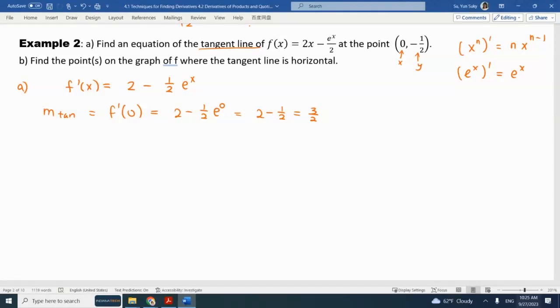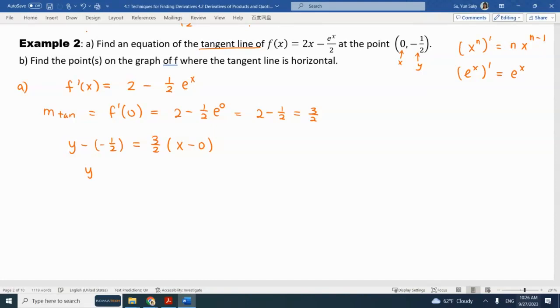Then what is the tangent line equation? Point-slope form. y minus y1 is, what's the point? Negative 1/2, equals the slope, which is 3/2, times x, because the x coordinate of the point is 0.